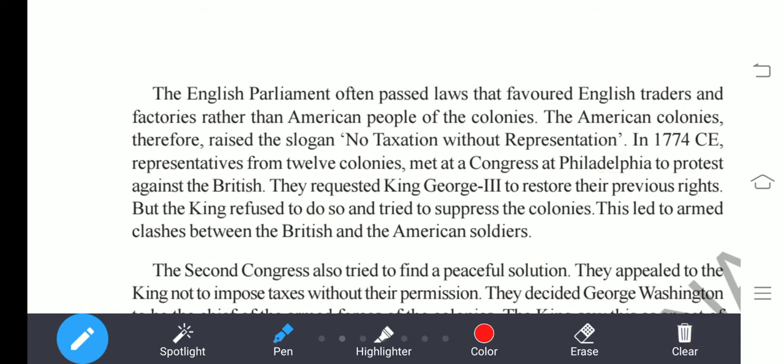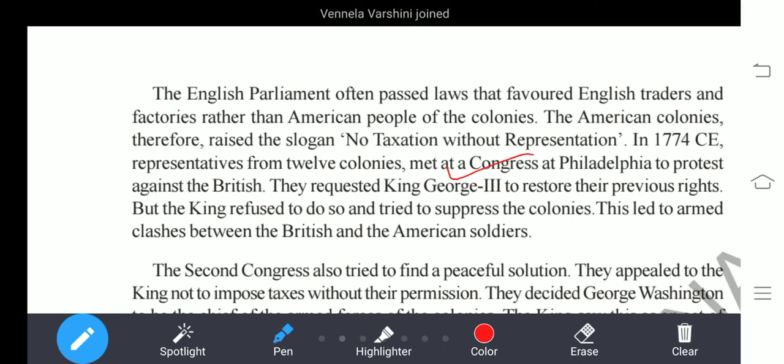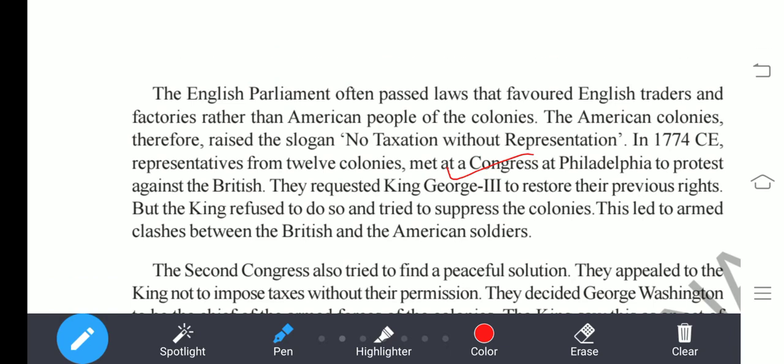At that time, George III was the king. So they requested King George III to restore the previous rights which were there to these people. They requested the British king to restore the previous rights.